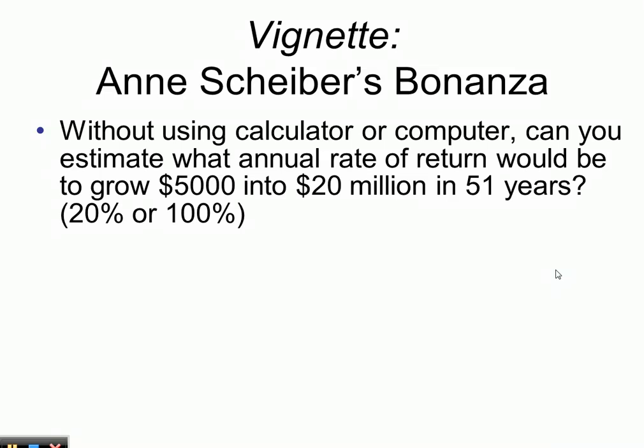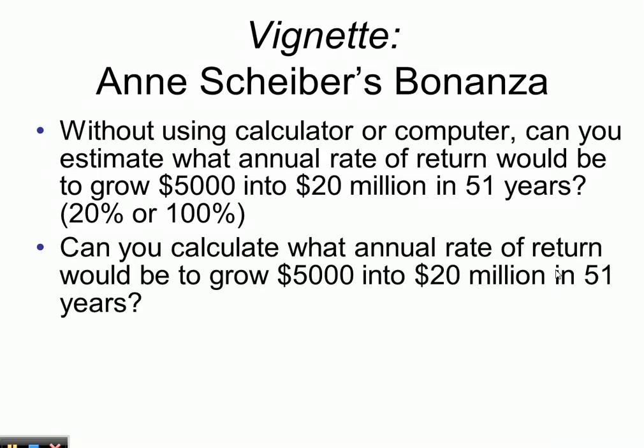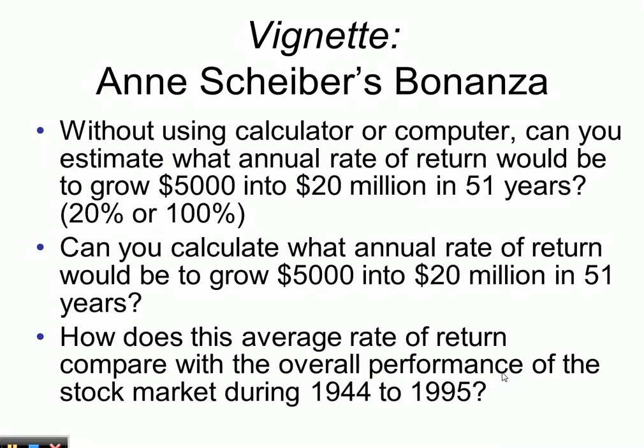Is it closer to 20% or is it closer to 100%? And also, how does this average rate of return compare with the overall performance of the stock market during 1944 to 1995?